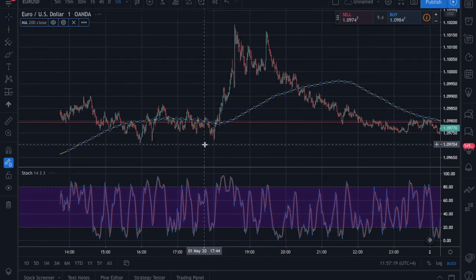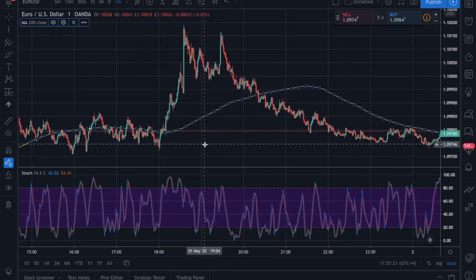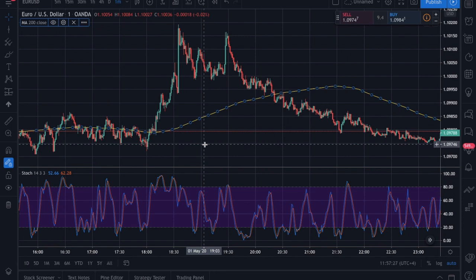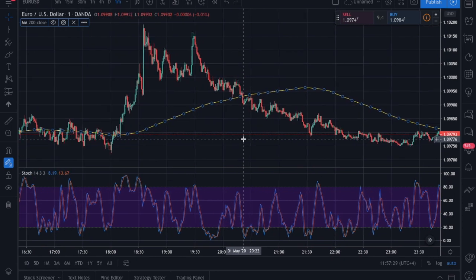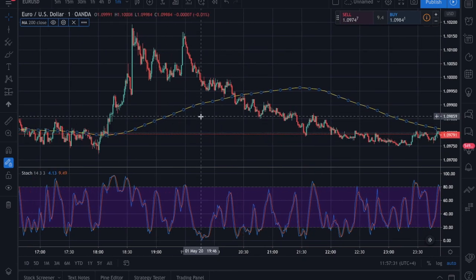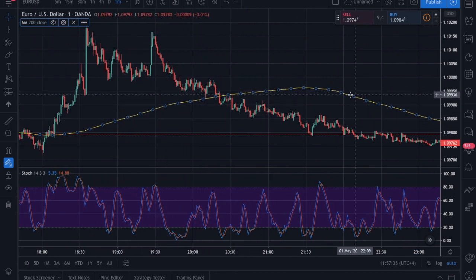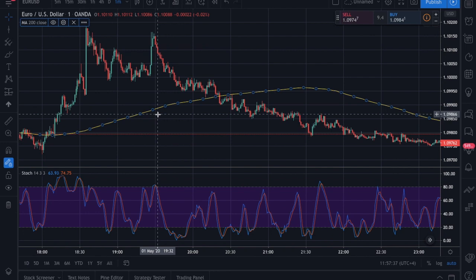So guys, what we're going to do now is figure out how we know where to open a buy order and where to open a sell order. I'm going to answer all these questions. As you can see, this moving average line helps us know the trend, where the candles are going up and where they are going down.